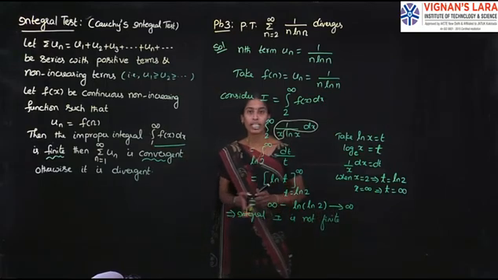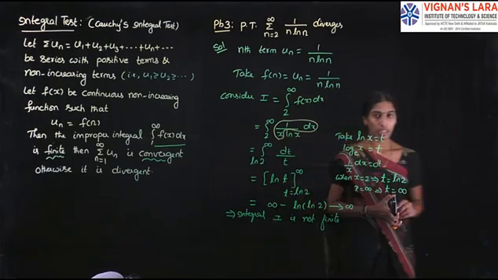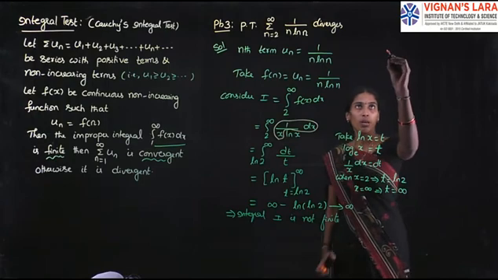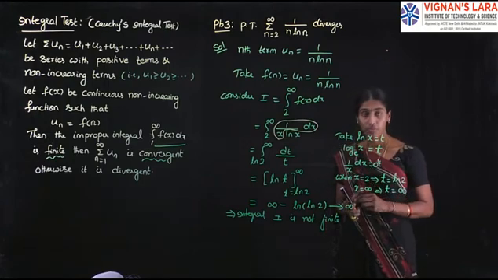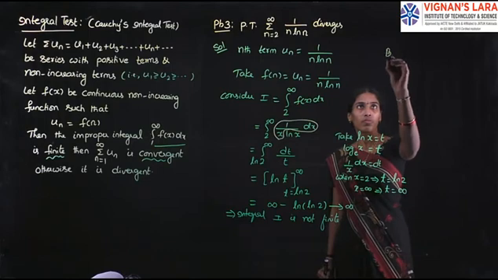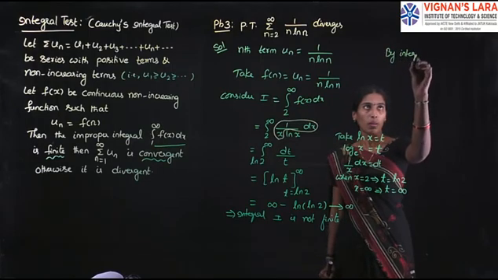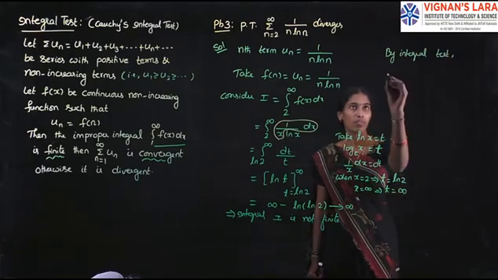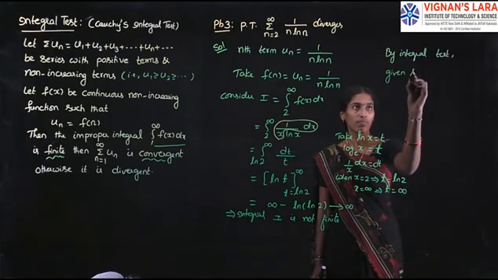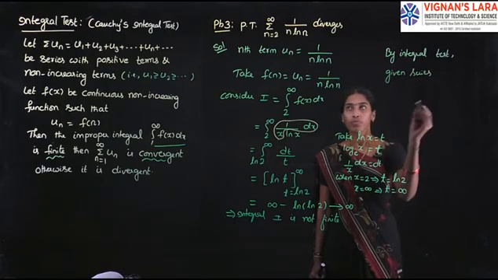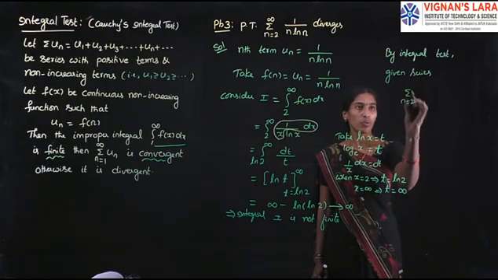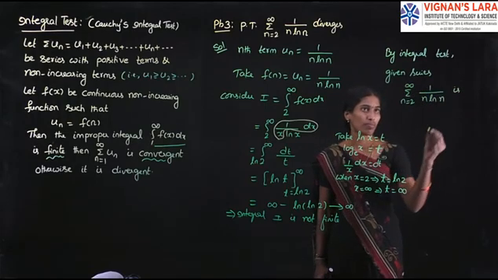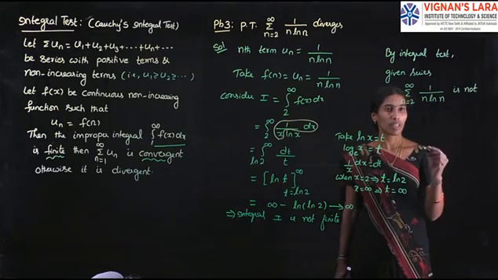If it is finite, the corresponding series is convergent. But it is not finite, therefore by the integral test the given series, sigma n equal to 2 to infinity 1 by n into ln of n, is not convergent.